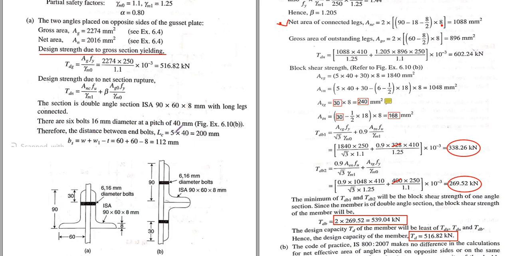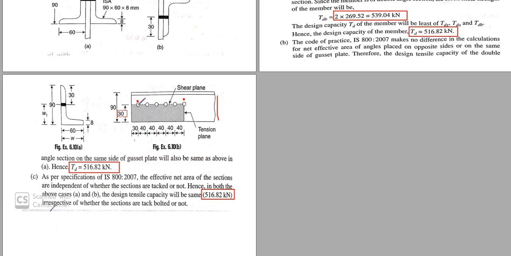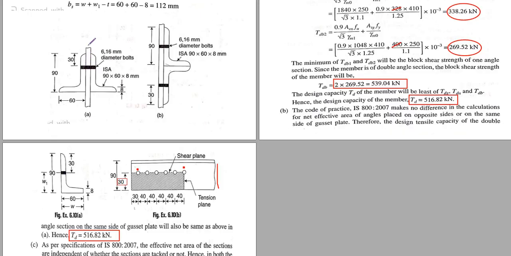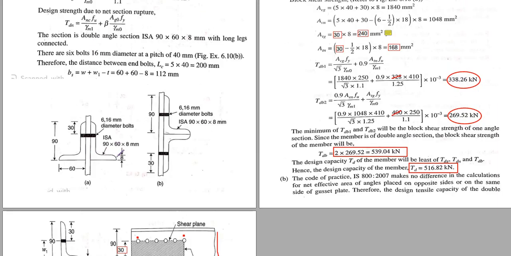The length of connection is 5 into 40, that means from the first bolt to the last bolt, 5 into 40, and then W plus W1 minus T. This W is the outstanding leg width, that means this is 60 and this is 60, because this is 30, so the total is 90. From this point to this point is the W1 actually.